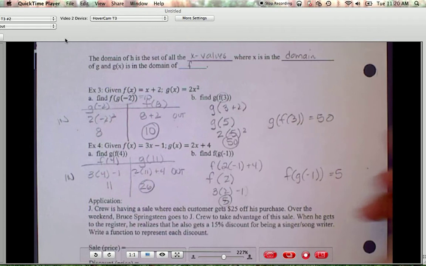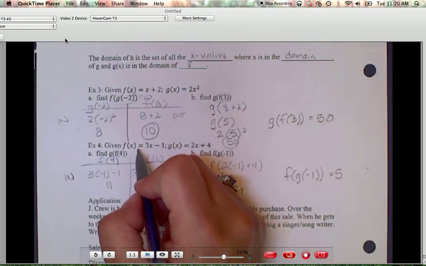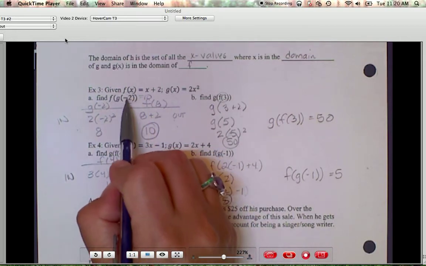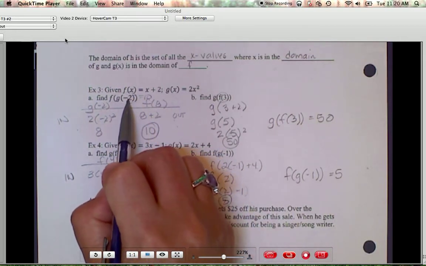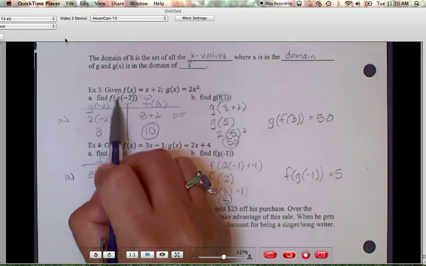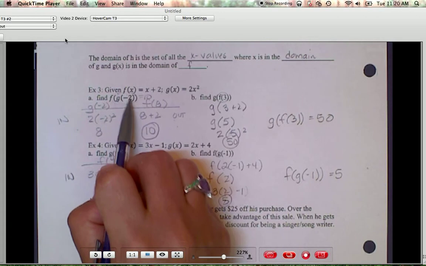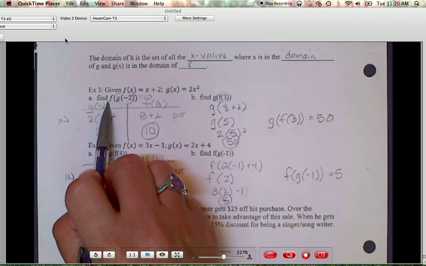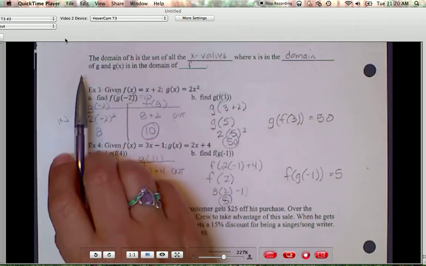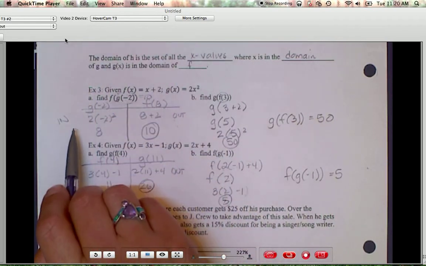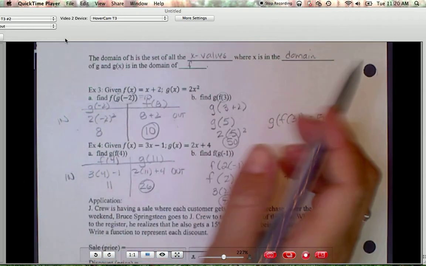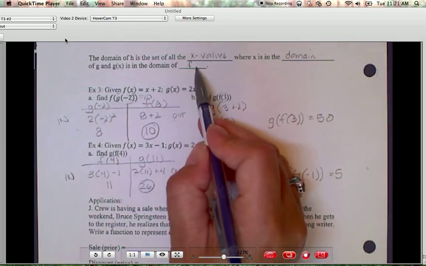So what it's saying is that when you plug in negative 2, which is the domain in this function, because that's what you're plugging in for x, it gives you the y value, and that then becomes the domain of the f function. So that's kind of what this is saying here. The domain of h is the set of all x values where x is in the domain of g and g of x is in the domain of f.